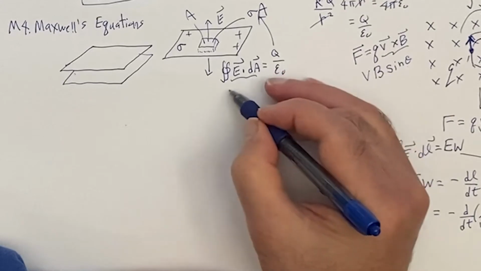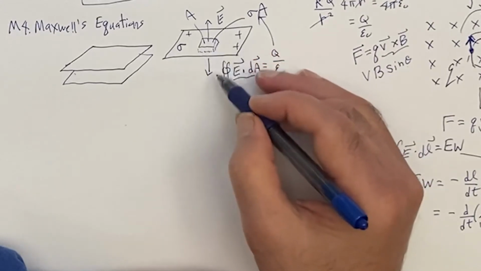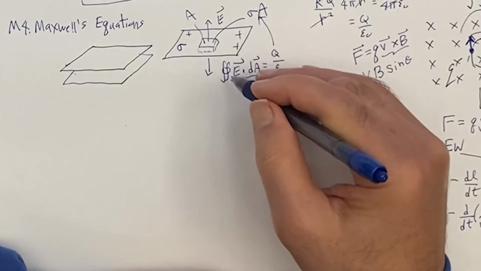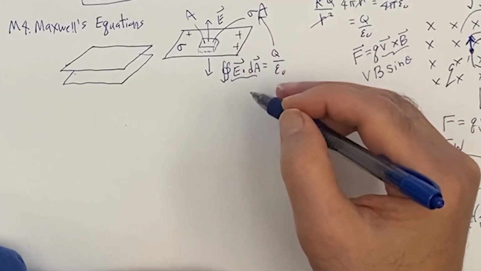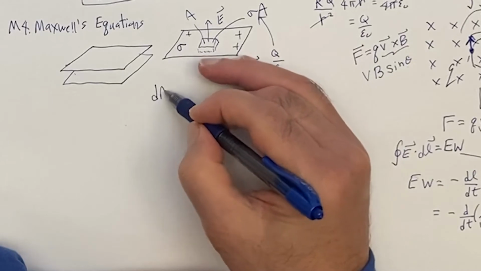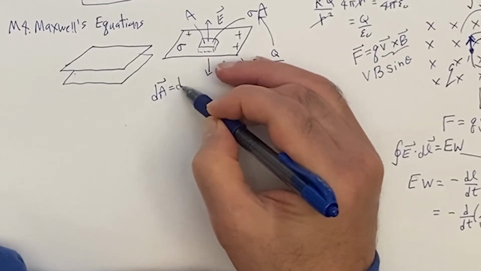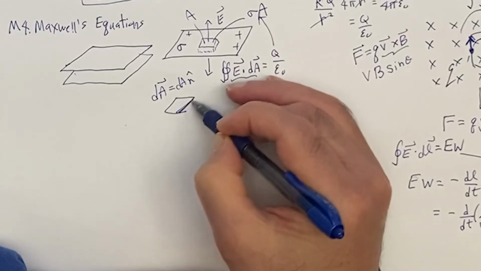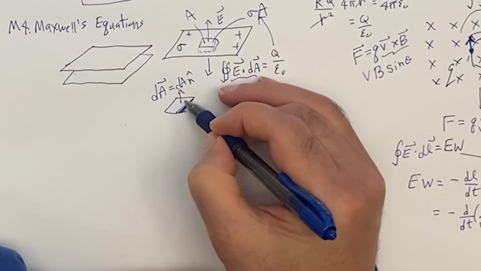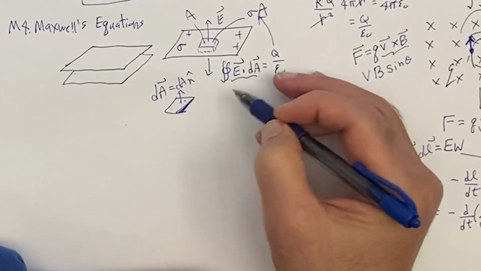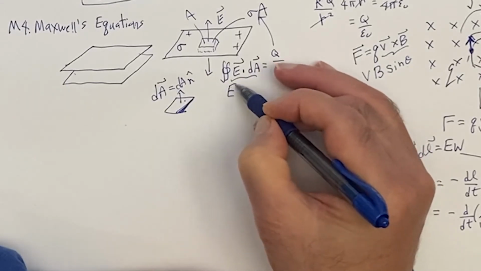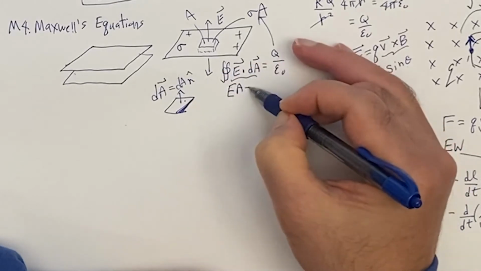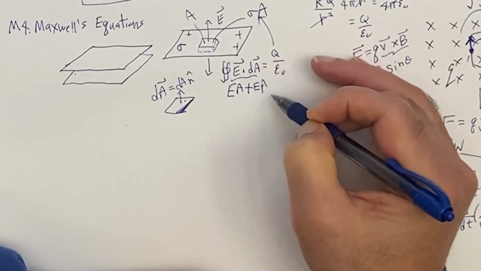And then here you would have on the top, the normal points up and the bottom, the normal points down, but the E field is lined up with those. So remember, your area is going to be a dA with some unit vector. So if you have a patch here, that's going to be up for the top one. And that's going to get you then an EA. And then on the bottom, since they line up, it's going to get you the same thing.